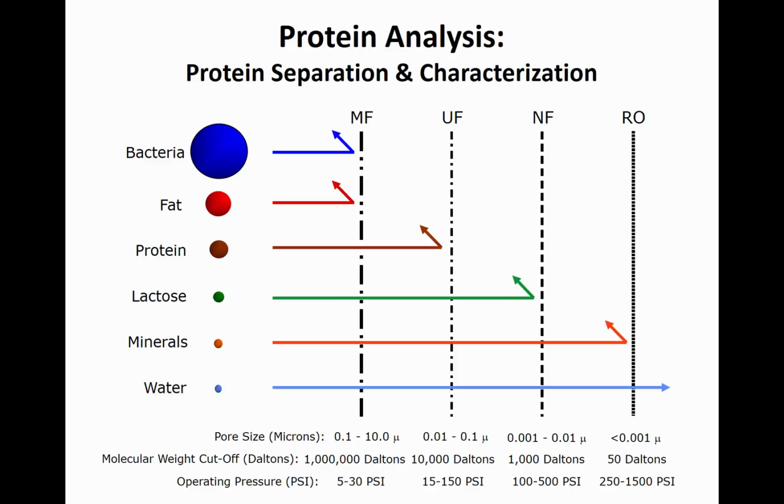And then the next one, if you have an ultrafiltration membrane here, then proteins will be your retentate, and then lactose is going to pass through with minerals and water. You put nanofiltration, minerals are going through, and your lactose is retained. And then finally, reverse osmosis, water is going to go through, then you are refining, desalting your water, basically.